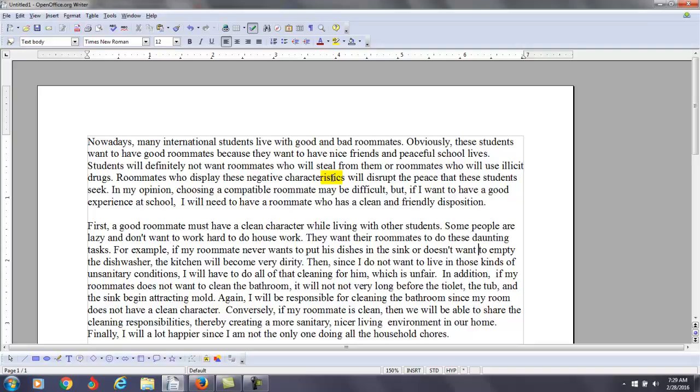First, a good roommate must have a clean character while living with other students. Some people are lazy and don't want to work hard or do housework. They want their roommates to do these daunting tasks. For example, if my roommate never wants to put his dishes in the sink or doesn't want to empty the dishwasher, the kitchen will become very dirty.